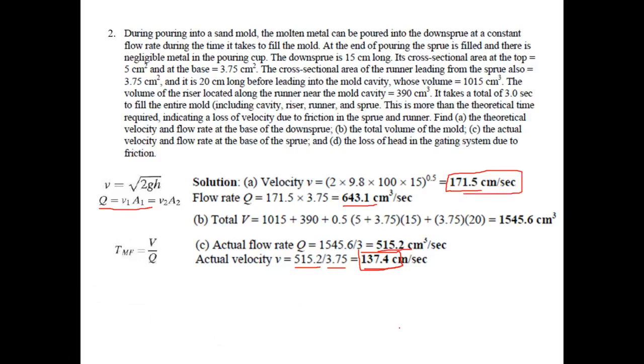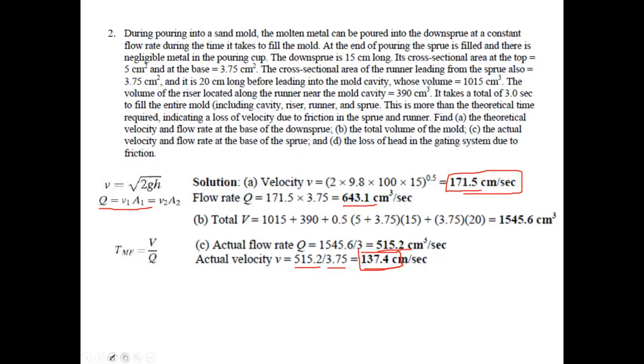Reason: friction, which was not taken into consideration in theory, but it exists. The friction of the molten material with the walls of the down sprue lowers the velocity and also lowers the flow rate. And that was not taken into consideration when we used the equation from the equation sheet.